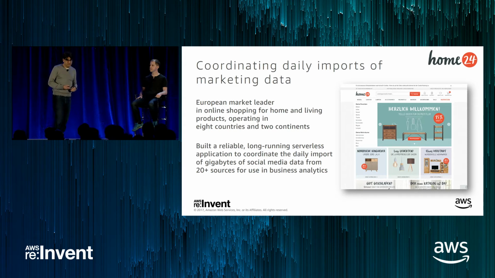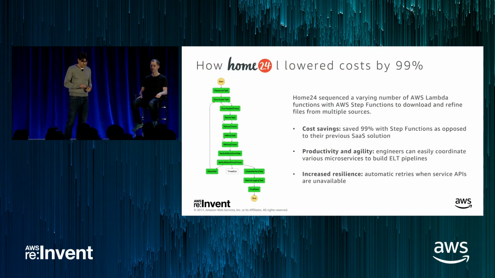AWS Step Functions is used by the data team, which made it very, very easy for Home24 to build an ELT pipeline. And they lowered their costs 99% while doing it. But more importantly, their engineers are now more productive. They're able to easily integrate new data sources in a very short time, sometimes in about 5 days.